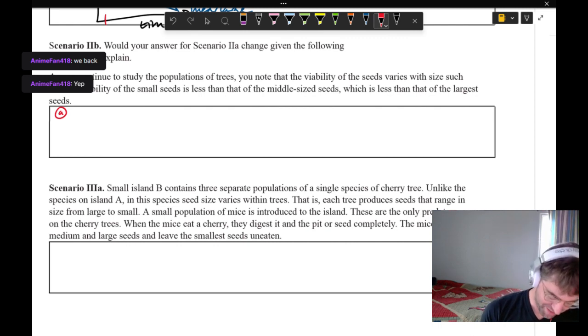So yes, selection is occurring. The trait being selected against is seed size.